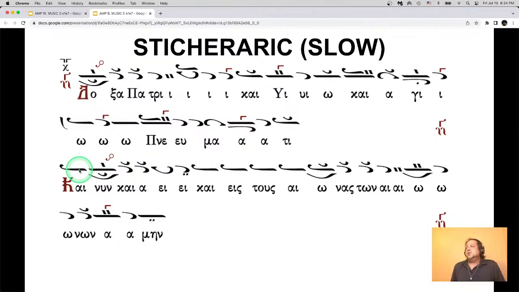So how I would typically read it with ornamentation is something like this. Amen. 1, 2, 3, because you have two extra beats added.